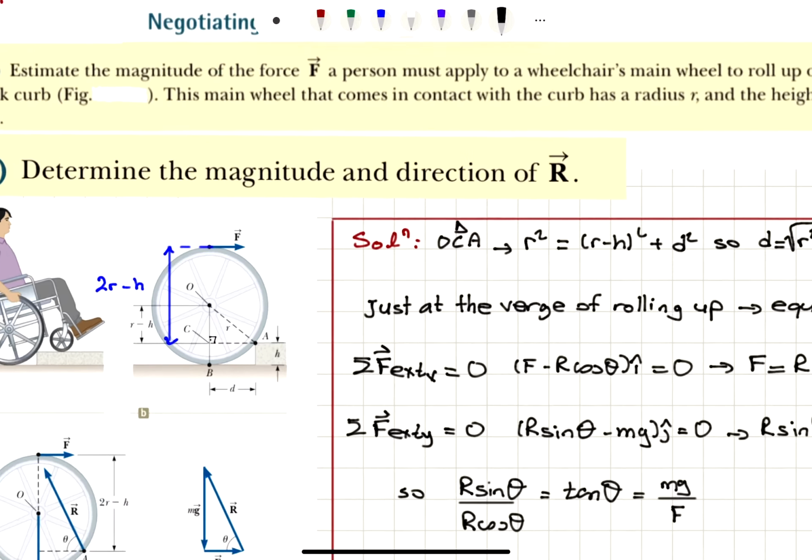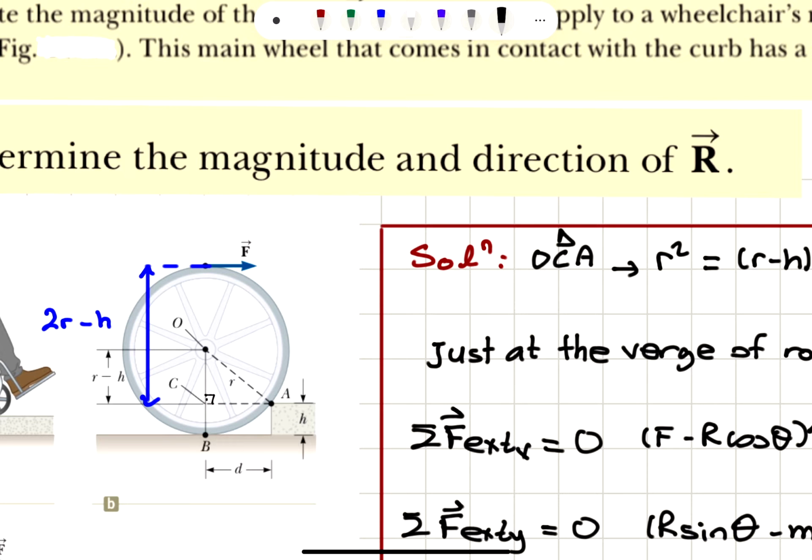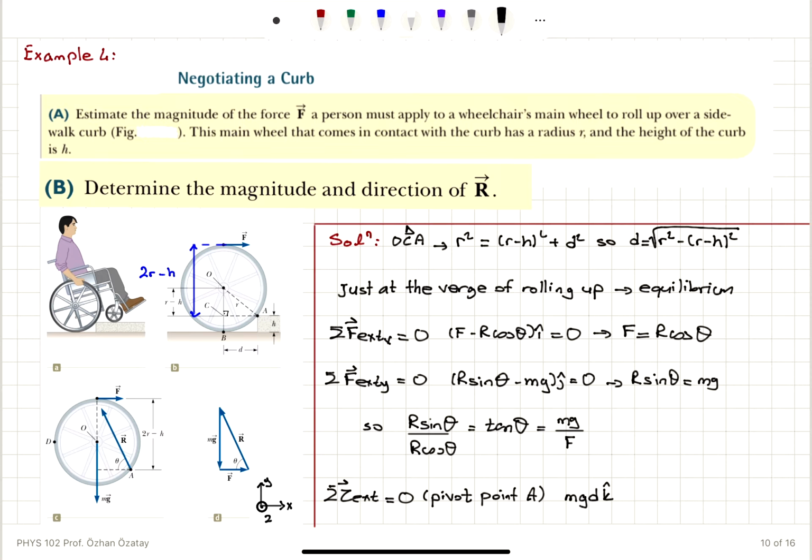But for the force F, if I go from the pivot point to the application point of the force, curl my fingers towards F with the right hand, the thumb points into the page, so it's going to be minus F times (2r minus h) k hat. And this should be equal to 0. That's the equilibrium requirement.